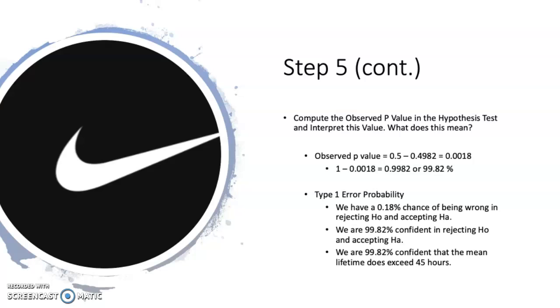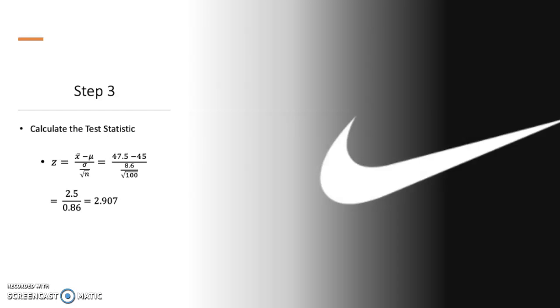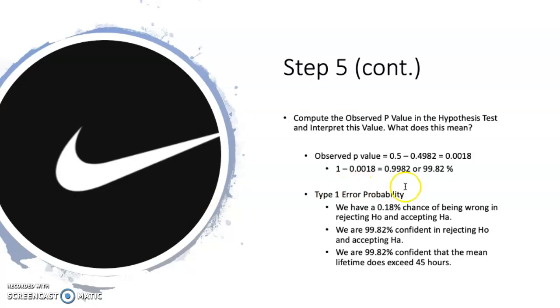We're going to take the observed p-value, which, because we are using a one-tail upper test, starts with 0.5, because we're taking 50% of the population to the right, and subtracting the z-table value for 2.91, which is the z-score we found earlier in our test statistic. Plugging that in, we get the z-table score of 0.4982.